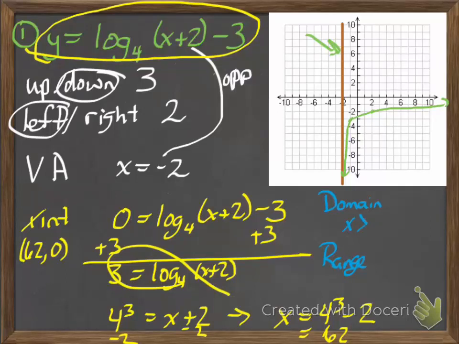Greater than -2. Range, am I eventually going to cover all my y's? It's going to crawl up very slowly to get up to the positives, but eventually I will go through all of them. And so it is all reals.